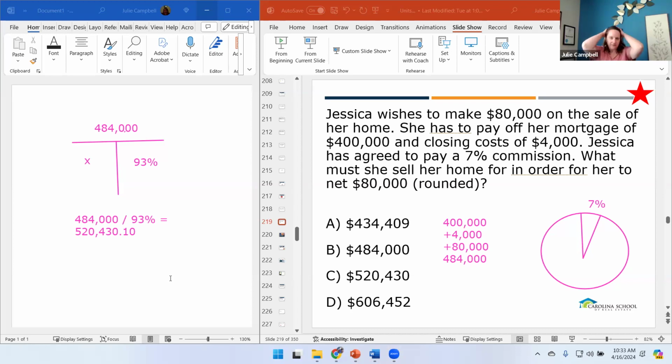Questions on this? Can I erase the pink? Everybody good? See head bobs, we're good.